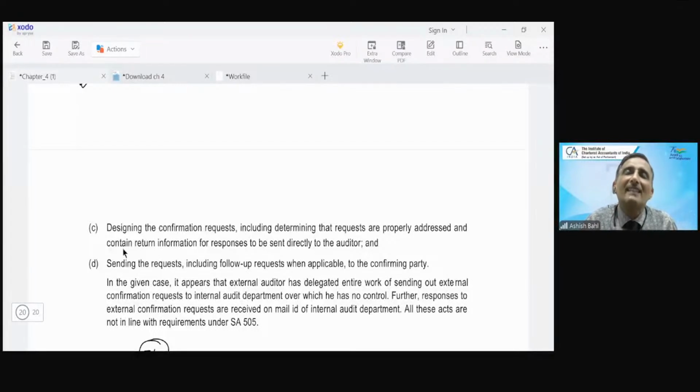All these things are not in line with SA 505, so this approach is not proper. This is an important matter, and the auditor needs to have control over sending external confirmation requests. He has to design it, select samples, and get the response directly. Clear?